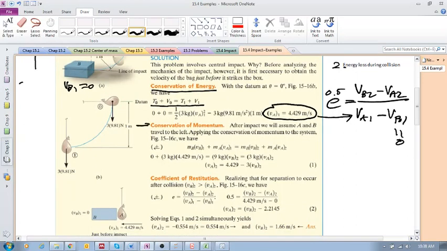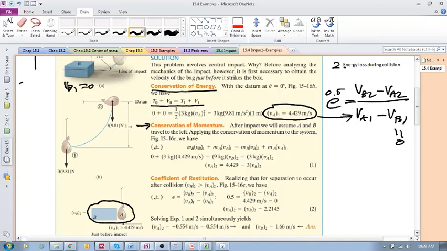Well, because it's a collision problem, this now forms our system. These are internal impulses occurring, so it's a closed and isolated system. So we can use the conservation of momentum. No external impulses. The sum of the momentum at the beginning for the particles equals the sum of momentum after impact.